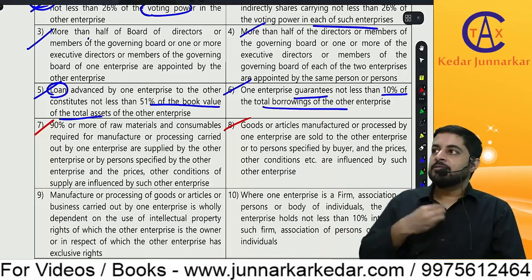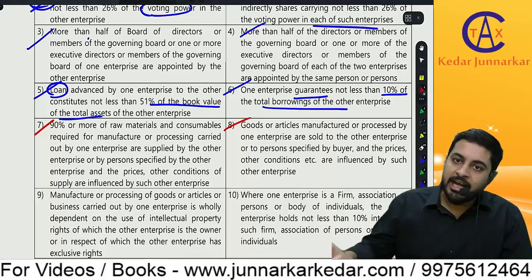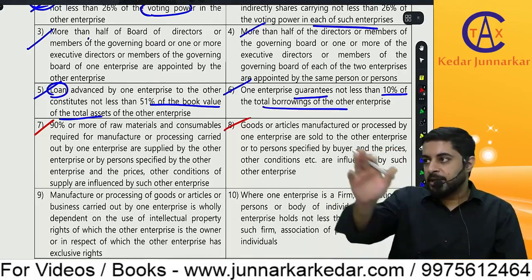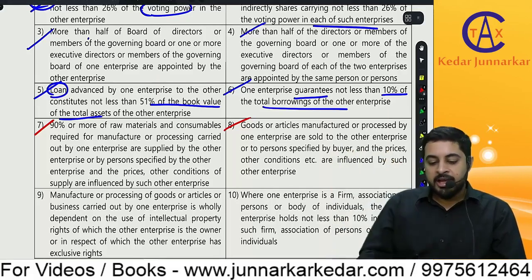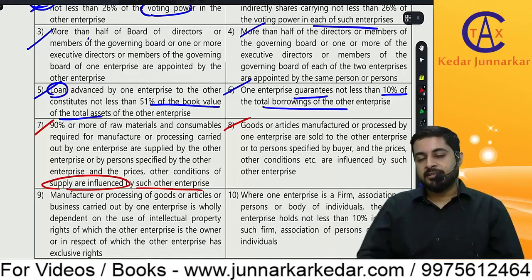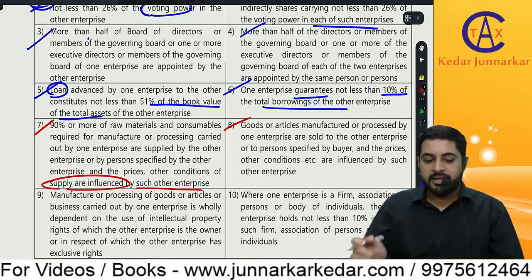So whatever my raw material consumable requirements are, if I purchase from another person or a person specified by that other person, and that other enterprise is influencing the price, means he is dominating, then that supplier and I would be associated enterprises.